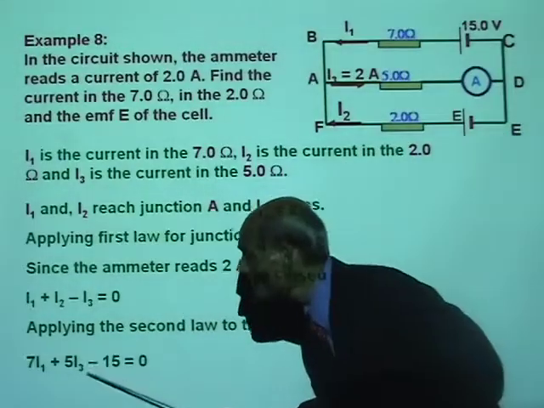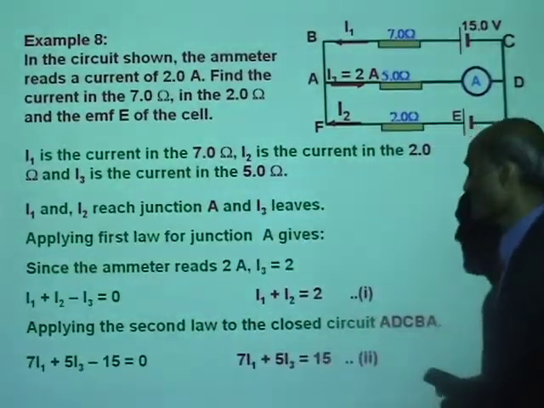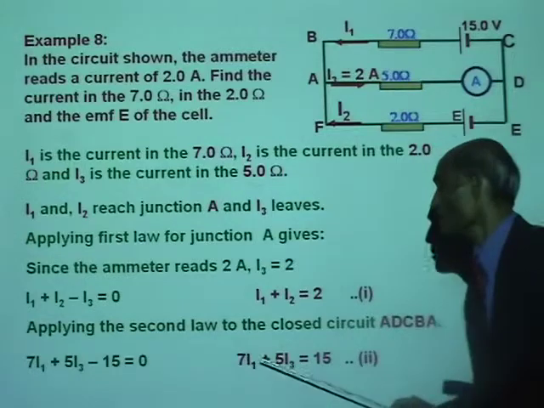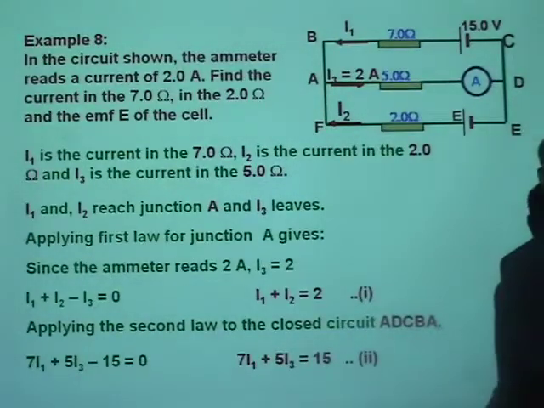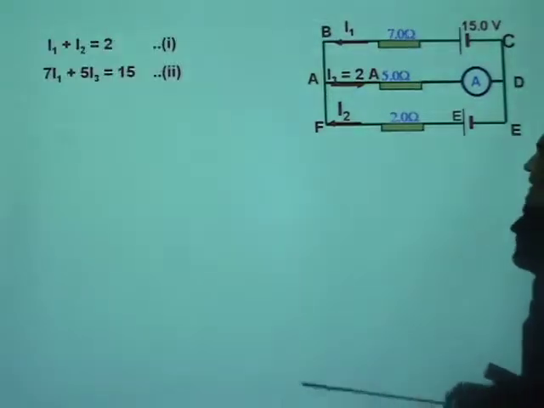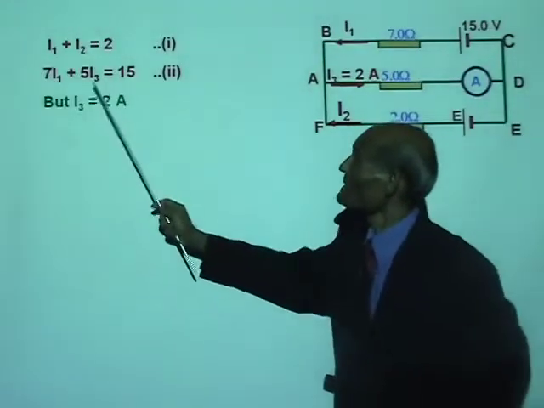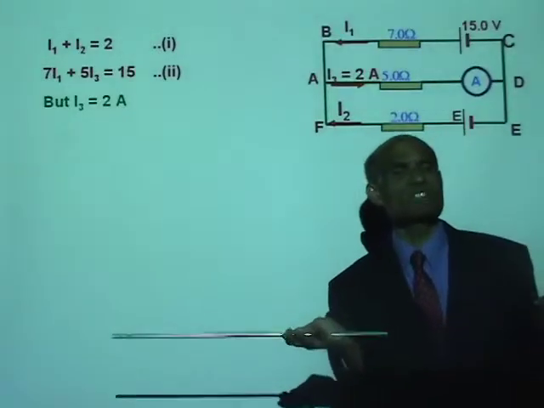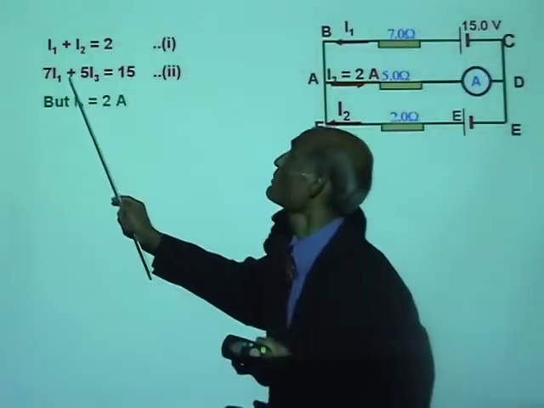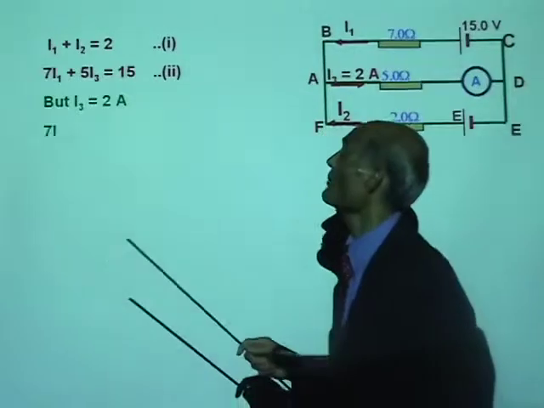But we know the value of I3. Or write it like this, 7I1 plus 5I3 equal to 15. Alright. But I3 equal to 2 ampere. You see, this question is very, very simple for you. And that means there is only one unknown there.